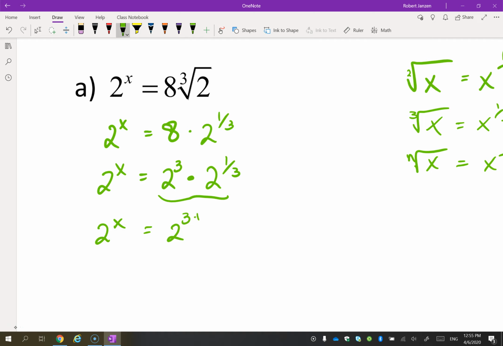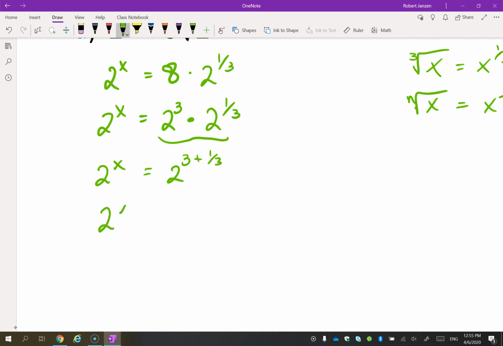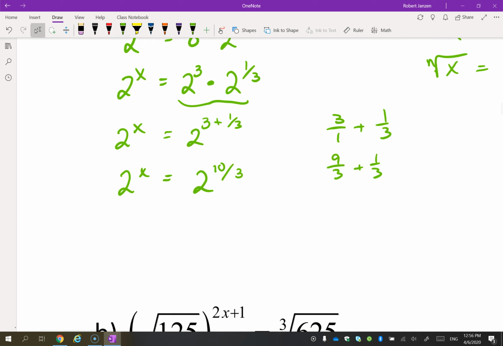So it's 3 plus 1/3. So you get 2 to the power x is, what is 3 plus 1/3? 3 over 1, which is the same as 9 over 3. So this is 10/3. Alright, so x is 10/3.